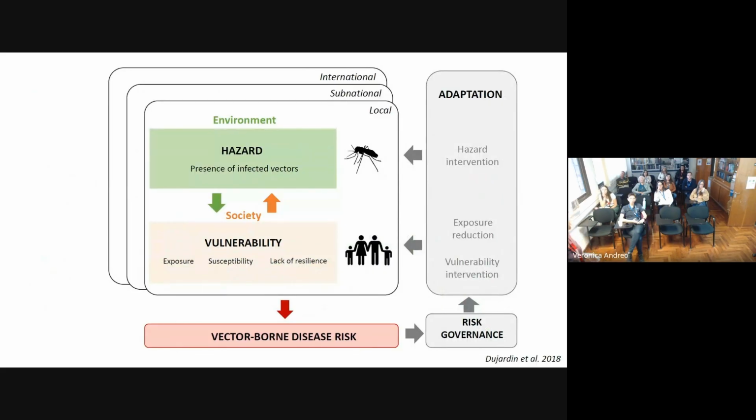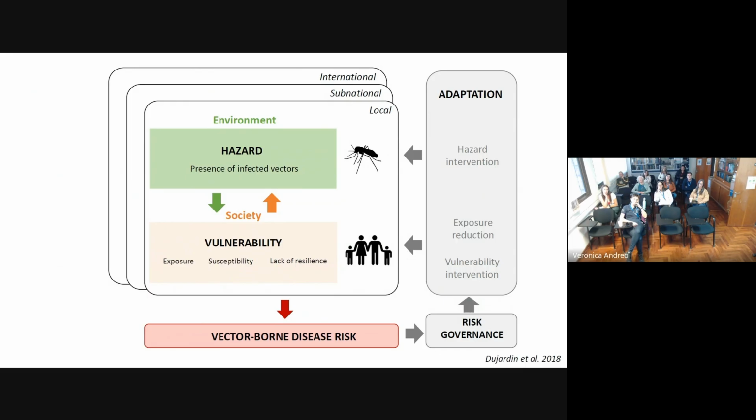We base a lot of our work on a conceptual framework. The risk could be vector-borne or any other risk. It's based on a disaster risk management framework. The risk is divided into two main boxes.